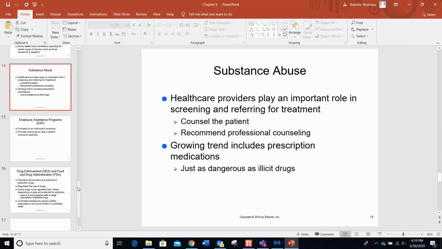If you remember from interpersonal relations, that's MAT128, we talk a lot about substance abuse, but our role as the healthcare provider is to appropriately screen these patients and refer them on for treatment, or at least let your physician make that referral.